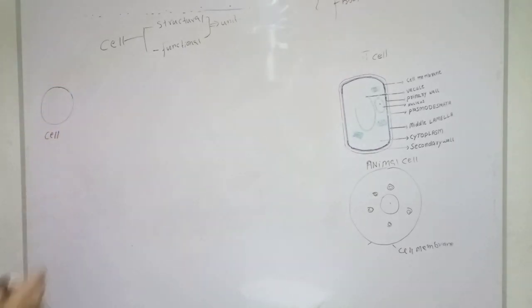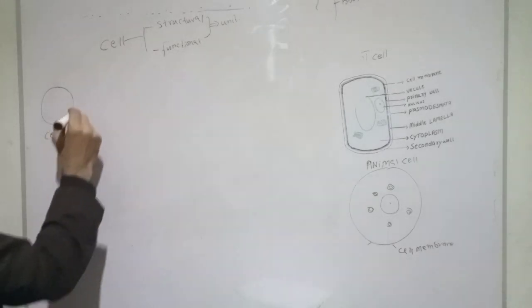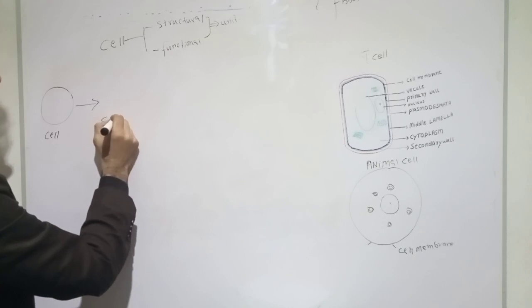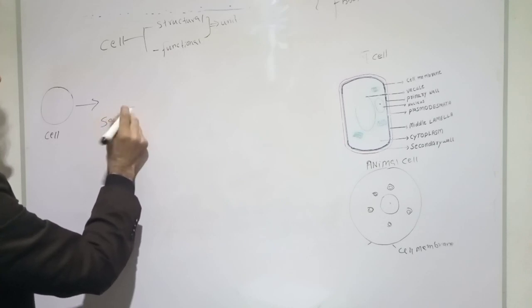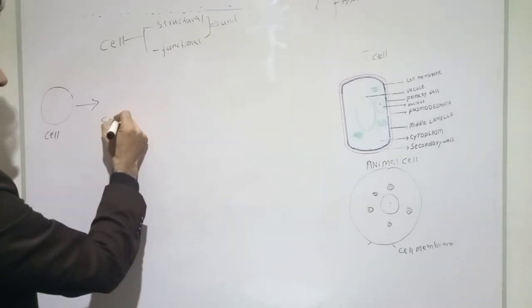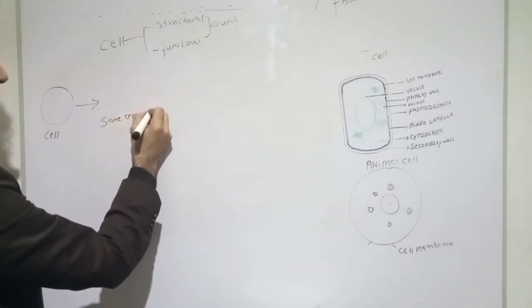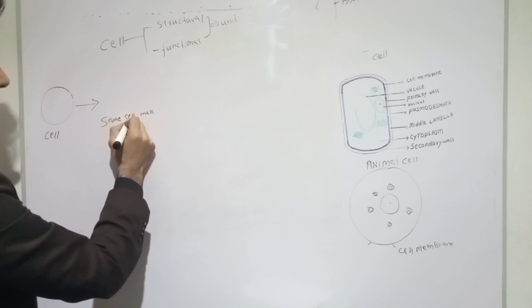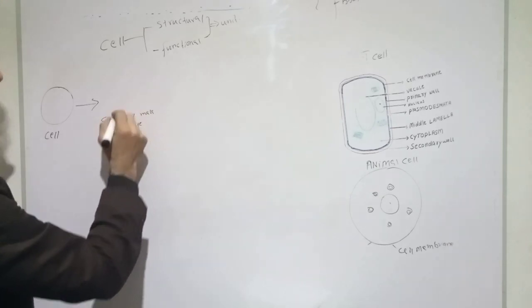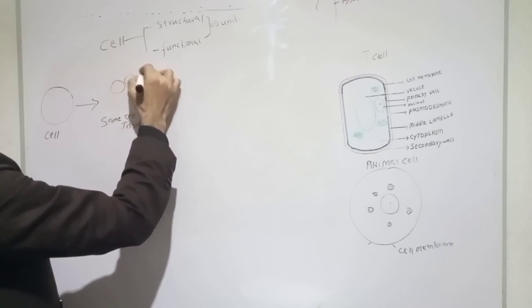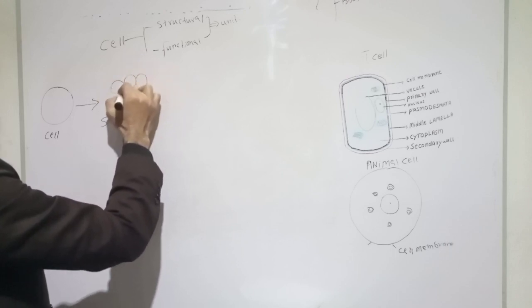Cell. Cells make tissues. Same cell make tissue. Now, how is this? This is a cell.